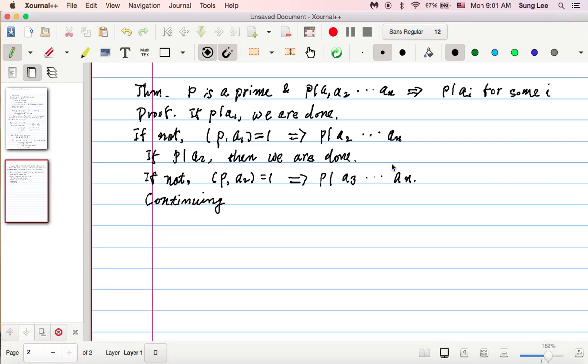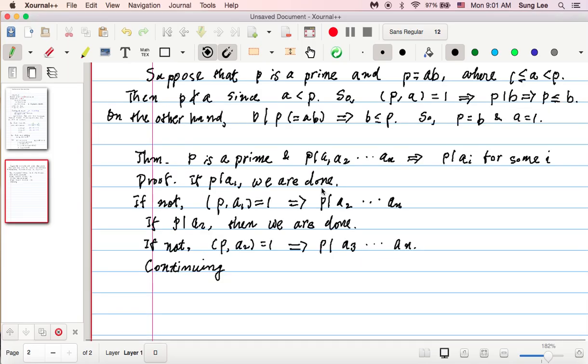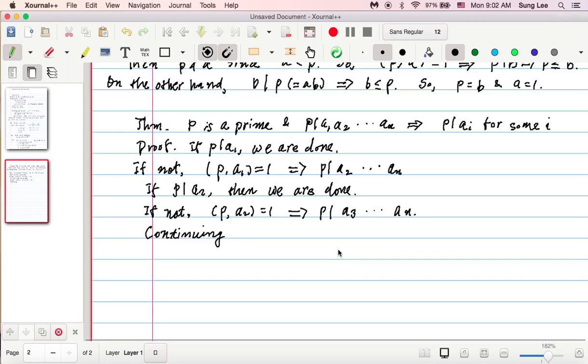What if we don't find any? Then that contradicts the assumption that P divides the product a1 through a sub n of these integers. So there has to be one, continuing this process.